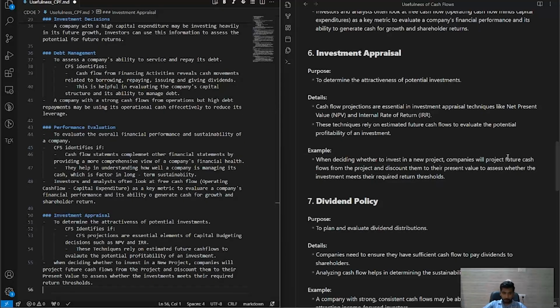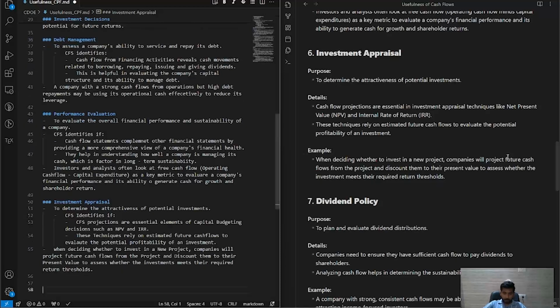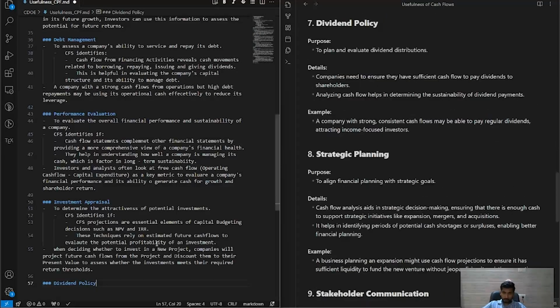Okay, then dividend policy. It is also useful to identify the dividend policy. Why? Because the cash flow from the financing activities is used to pay the dividend. So they plan and evaluate the dividend distribution.